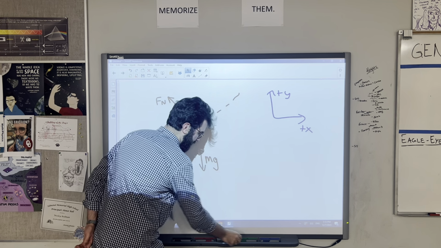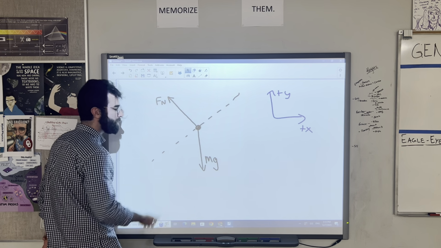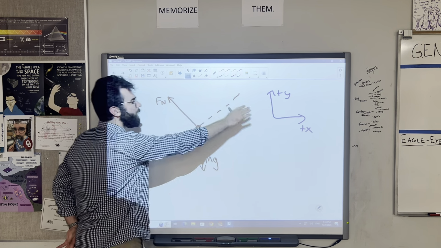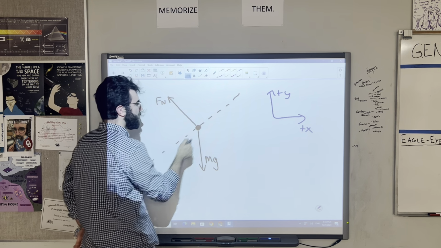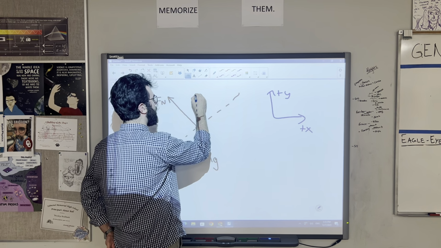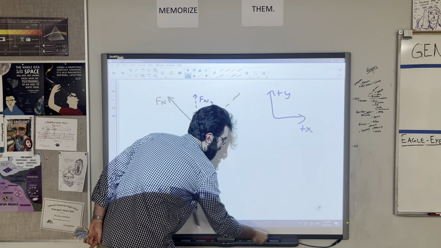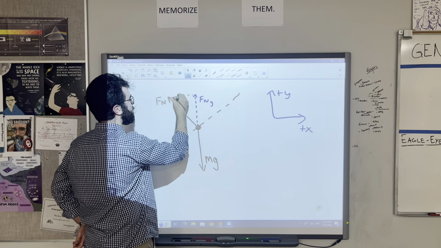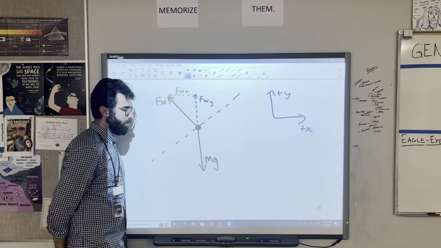And again, that can be tricky to conceptualize without actually seeing it. So with my standard coordinate system, this vector points up and to the left, meaning it's going to have a y component, F_N sub y, pointing up, and then it will have an x component, F_N sub x, pointing to the left.